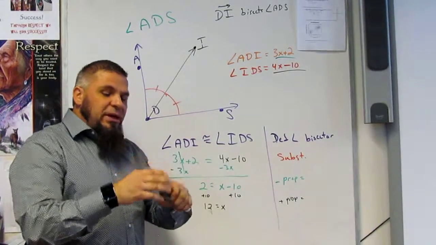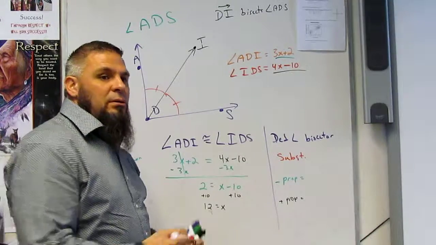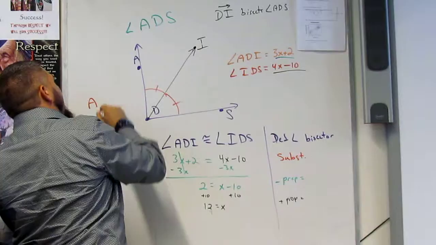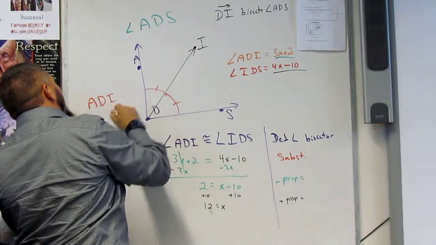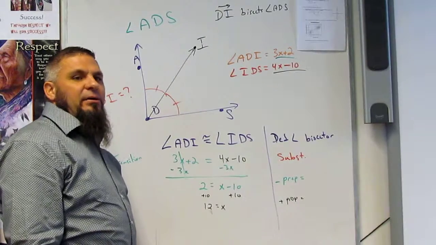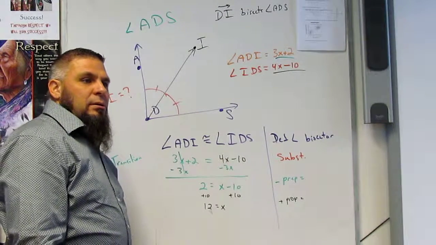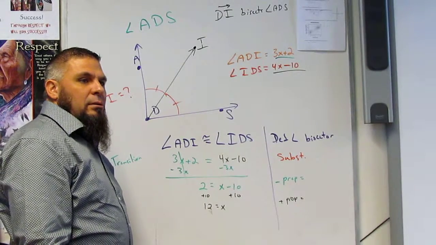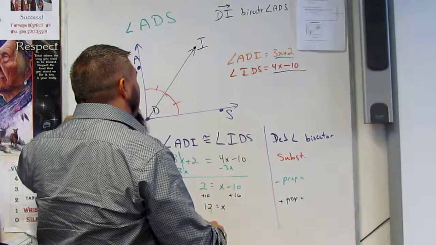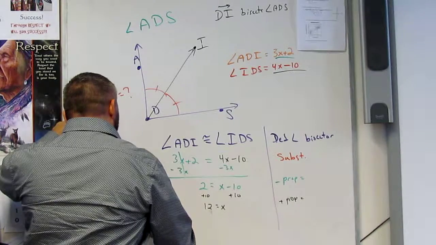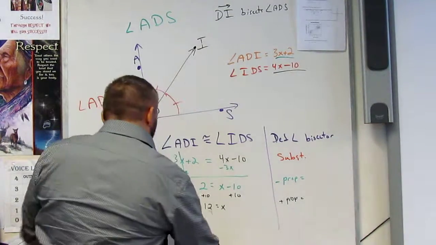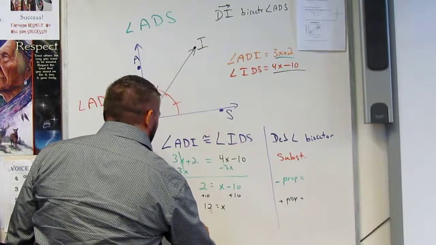Now, a lot of times they're going to ask you what an angle is, right? So, what if they ask you what ADI equals? How am I going to figure that out? Plug in 12. Yeah. So, I'm going to take ADI and say angle ADI is equal to 3x plus 2.